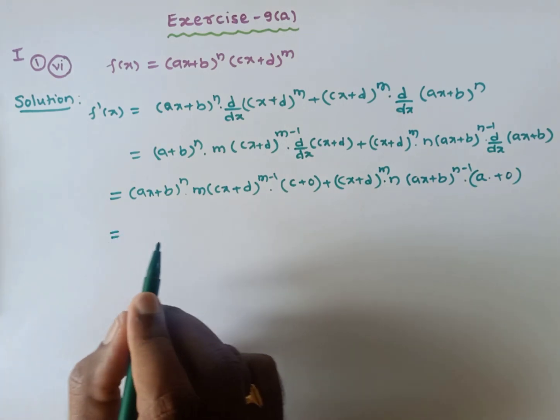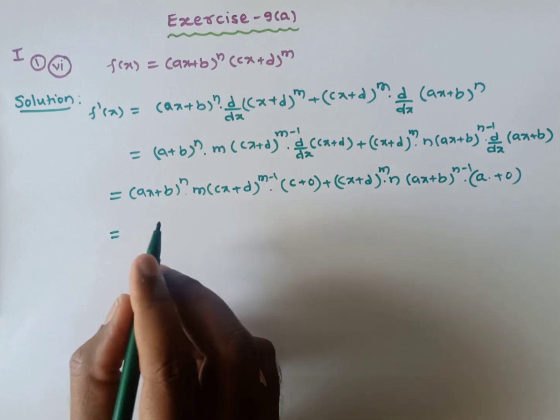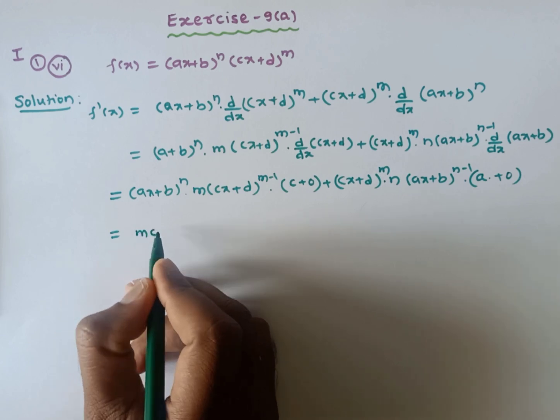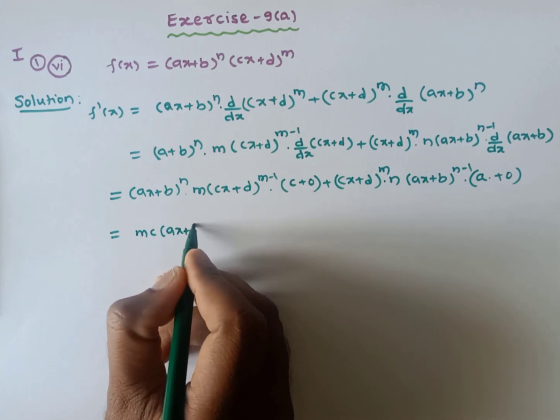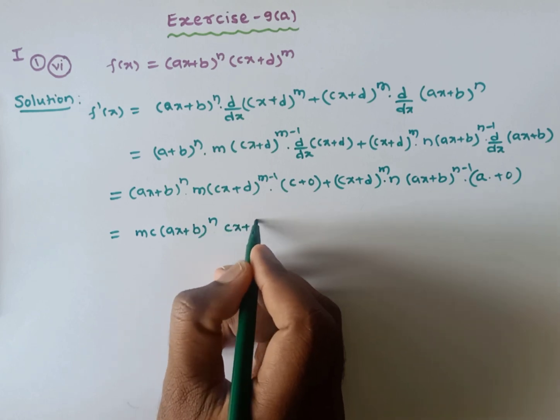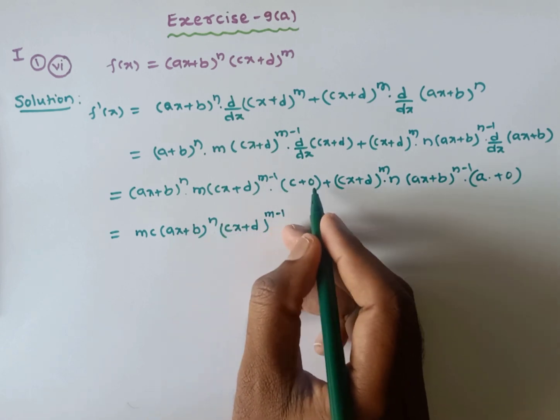Now let us take common factors. You can write this as mc into (ax plus b) whole to the power of n into (cx plus d) whole to the power of m minus 1, right? c plus 0 means c only.